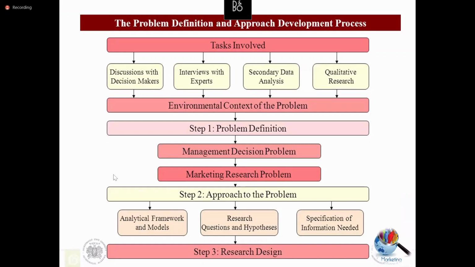Now, to whom is that information wanted? It is wanted by the decision maker, right? So it would be better that we have a discussion with the decision maker so that we may be able to understand in what perspective the decision maker is looking at the problem. That will give us some idea, right? What is the way that the person involved in the decision making is looking at the problem? So that is also one way for us to define it.